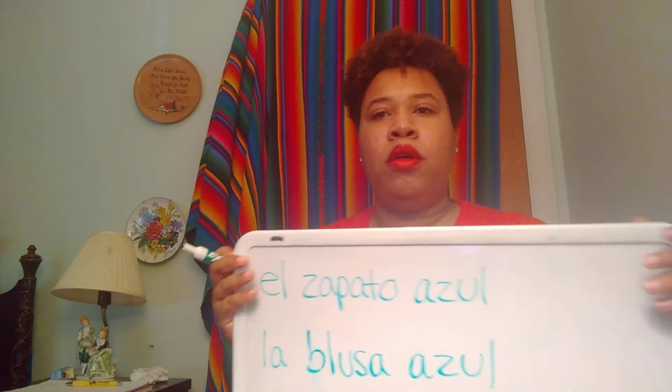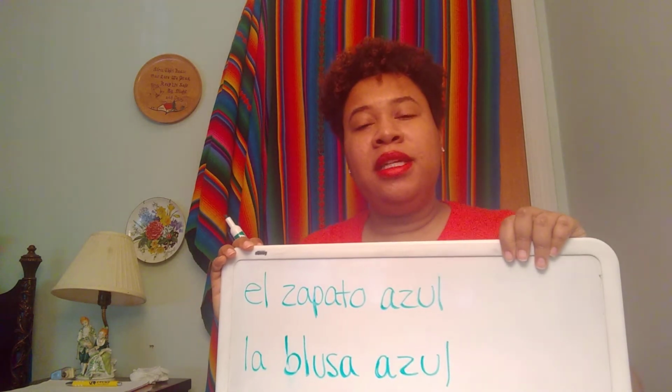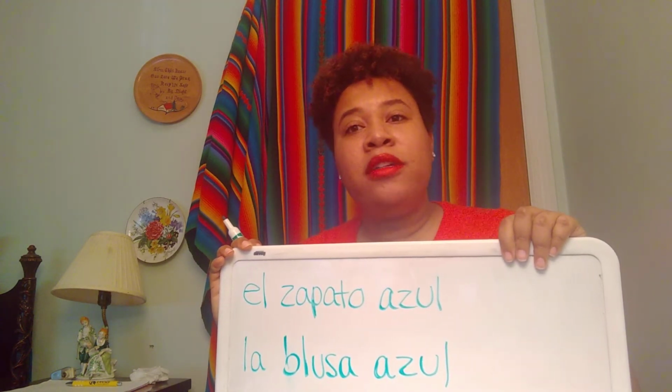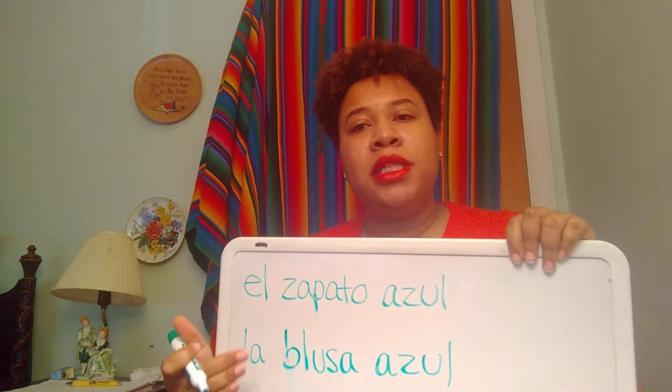If I have something masculine singular, el zapato azul, the blue shoe, and la blusa azul. Why are they both azul? Why is there no azulo or azula? Because for this word, azul just stays the same for the masculine singular or the feminine singular.